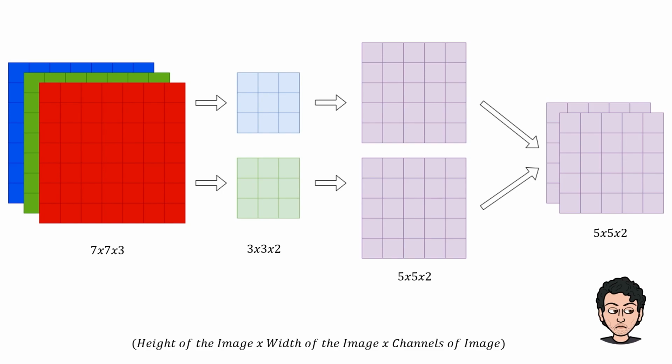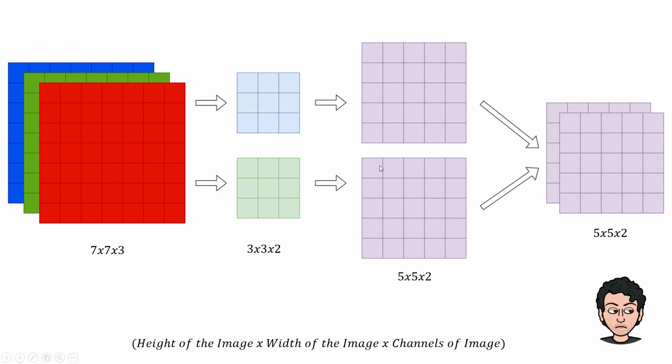Let us assume that there is a 7 by 7 image which has 3 channels. The 3 channels are RGB, that is red, green and blue. These channels are extracted. After that, for the convolution, let's say again I'm applying a 3 by 3 horizontal and vertical filter. These are 2 filters, and these will be stacked.